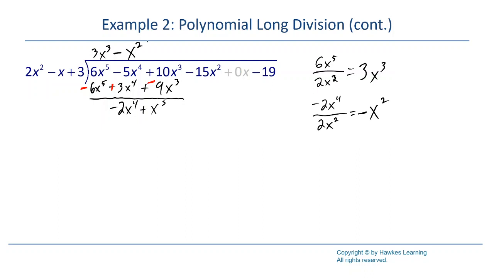So now we get to multiplying. Negative x squared times 2x squared, negative 2x to the fourth. Those match up, so our work was correct. Negative x squared times negative x, positive x cubed, and then negative x squared times 3 minus 3x squared.